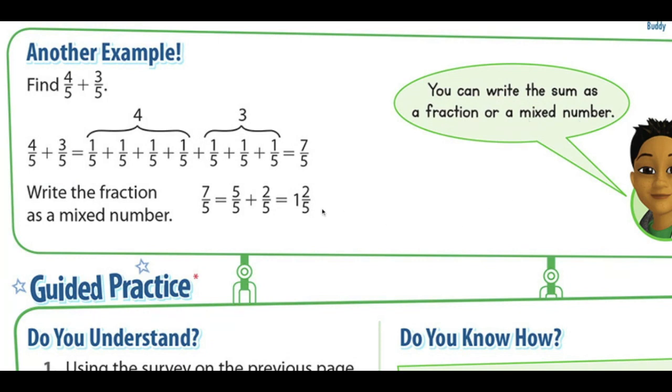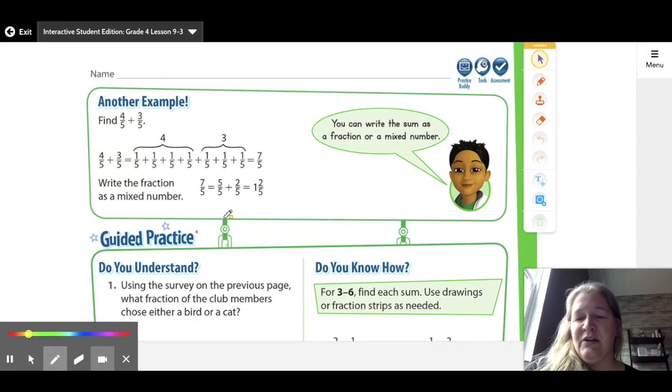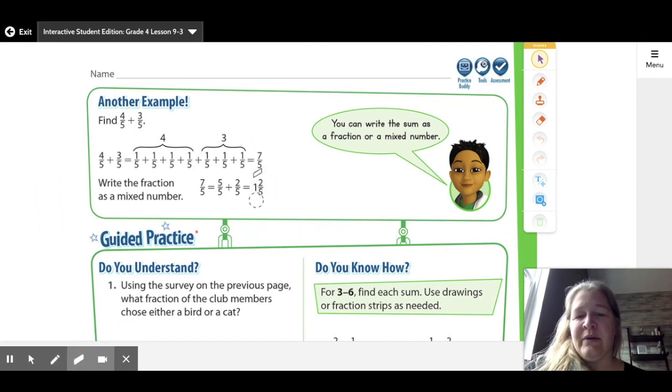Now, a mixed number is when you have something like 1 and 2/5. You have a whole number, and then you also have the fraction next to it. So what I want to show you here is this 7/5. We can break that down or decompose it into 5/5 plus 2/5.